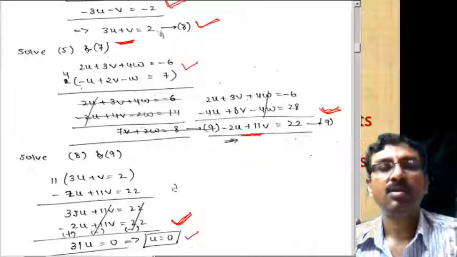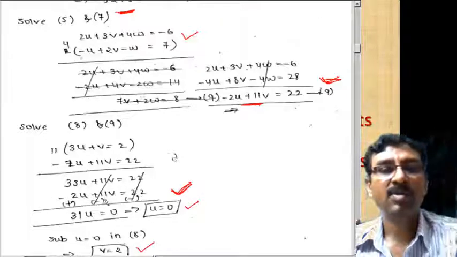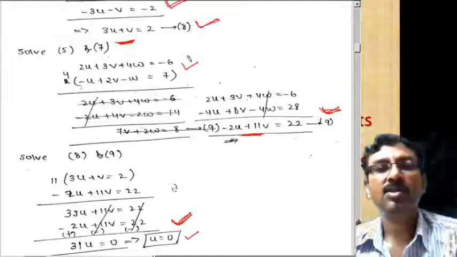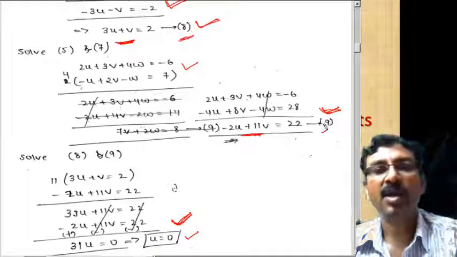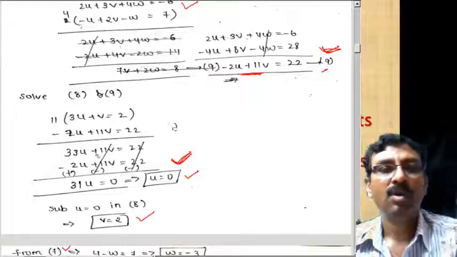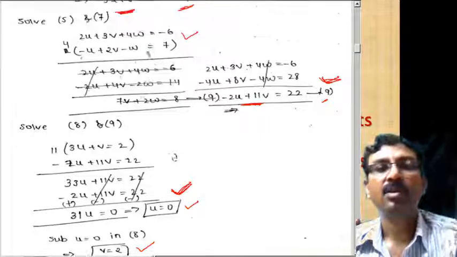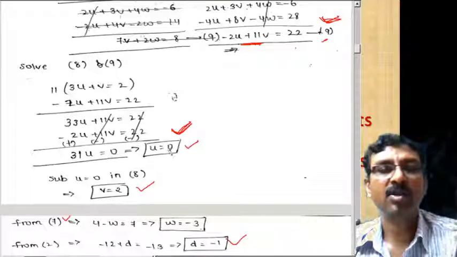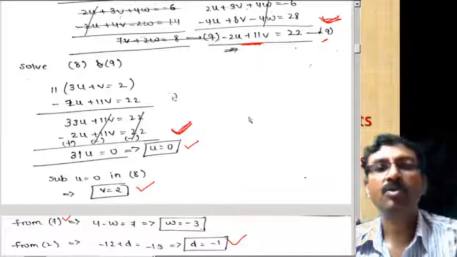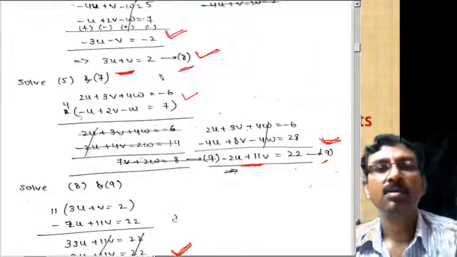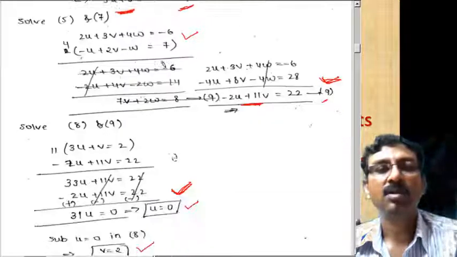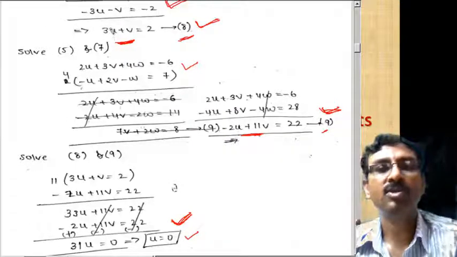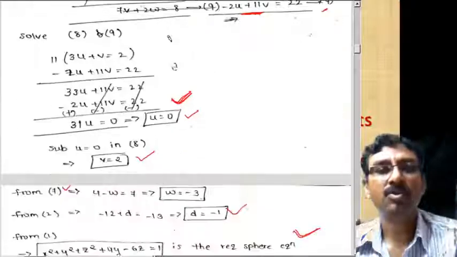In step 3, using these last two equations 8 and 9, we eliminate u or v, and multiplying equation 8 by 11 eliminates v, then we get u equal to 0, and substituting u equal to 0 in equation 8, we get v equal to 2.